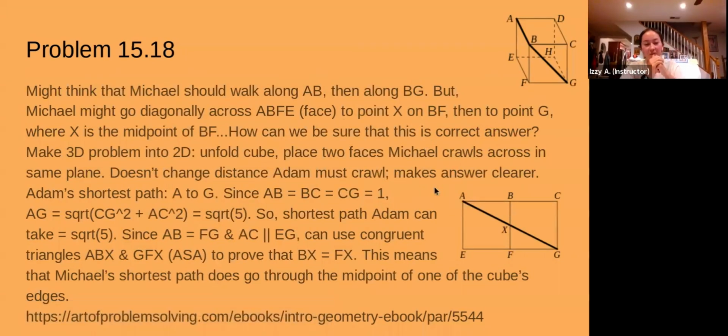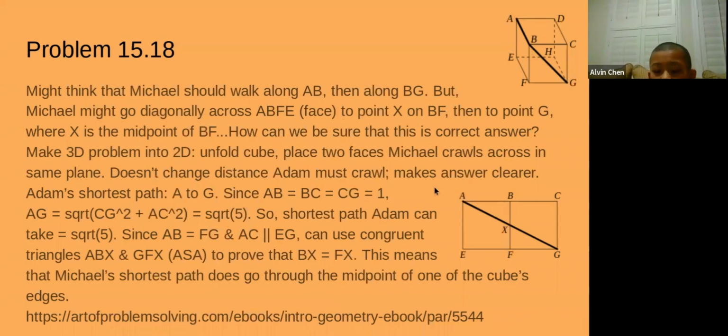And then it would just be like AX, where X is the midpoint. So A goes through X, X is the midpoint of BF, and then it goes from X to G.